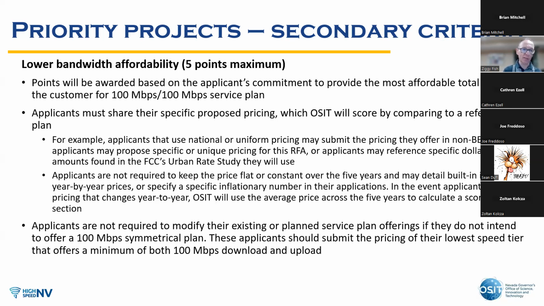If you don't have, and many don't, a specific 100 megabit per second symmetric plan that you're offering, we'll be asking you to then submit the pricing for the lower speed tier that offers a minimum of the 100 megabit per second. So if you have like a 300 over 100 plan, but not 100 and nothing in between, then that's the one you would be providing pricing for.